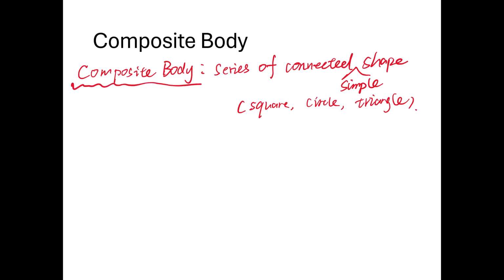Okay, but how? Last lecture we already learned how to calculate the centroid of simple shapes. We can calculate the centroid of a composite body by knowing the centroid of each simple shape.